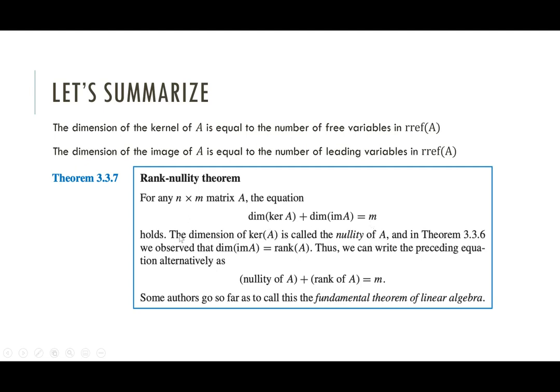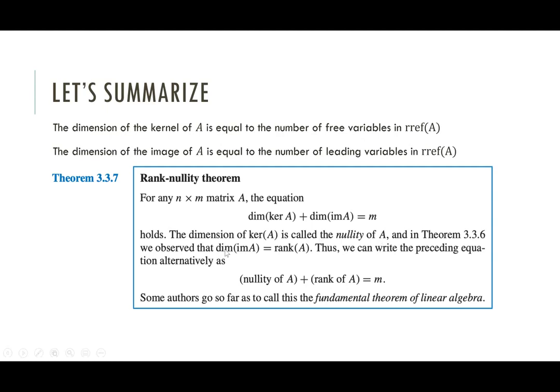All right, a little bit of terminology. The dimension of the kernel is called the nullity of A, which makes sense when lots of books call the kernel the null space, and so the nullity is just the number of vectors in the basis of the null space.